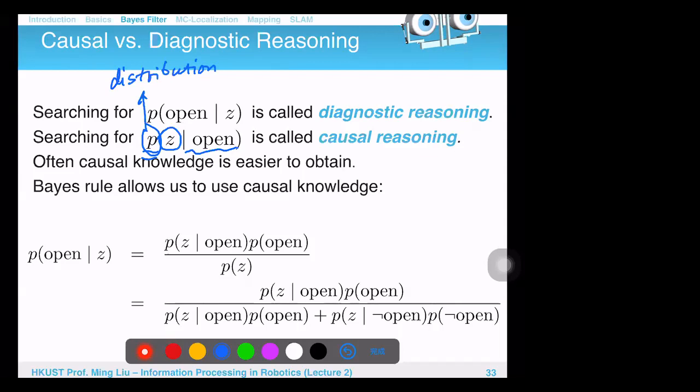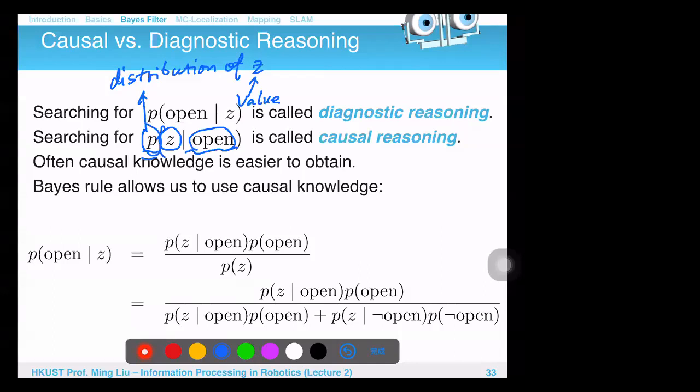Okay, so I will spend more time because this is a very important concept, so that it can be easily generalized to other lectures. So the P of Z given open means the distribution of the value Z. Okay, Z is a value. Again, this is a value. The distribution of Z given the condition that the door is open.